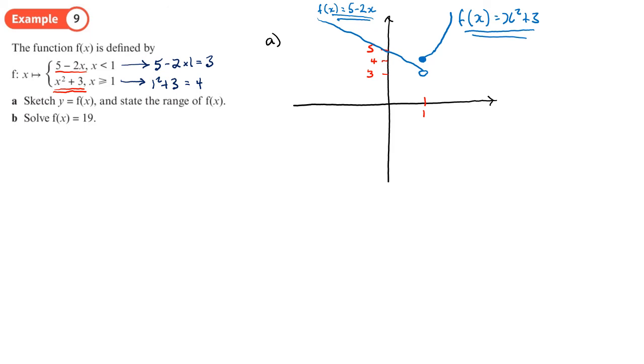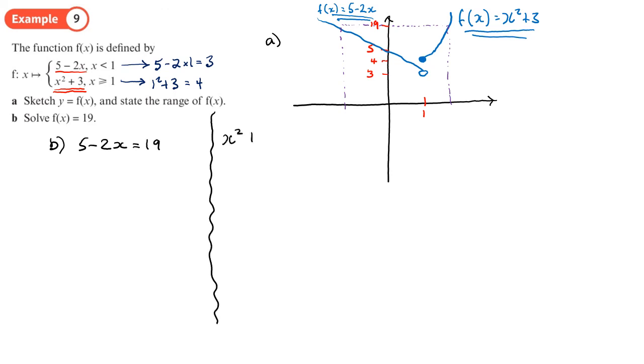Part B, we want to solve f of x equals 19. Now, this is not to scale at all, but at 19, f of x can be 19 for either graph. So we need to solve not only 5 minus 2x equals 19, but also x squared plus 3 equals 19, because 19 goes across to both.